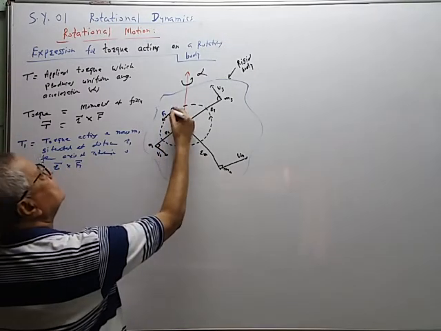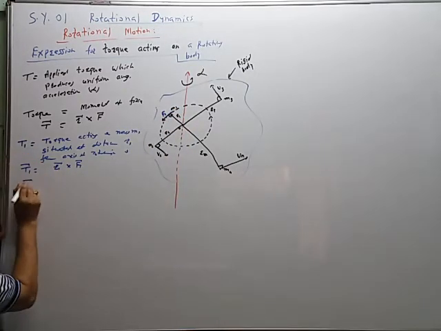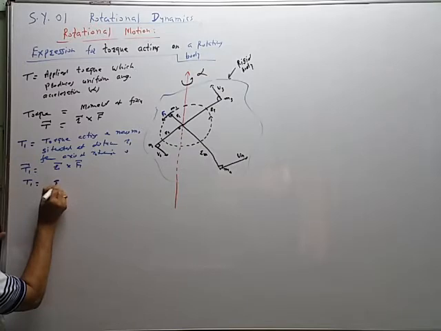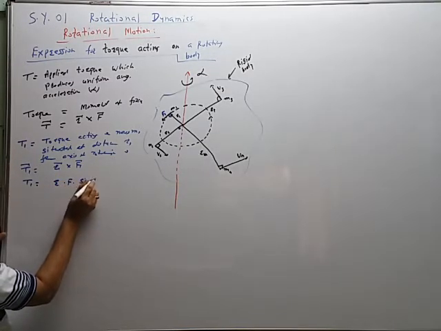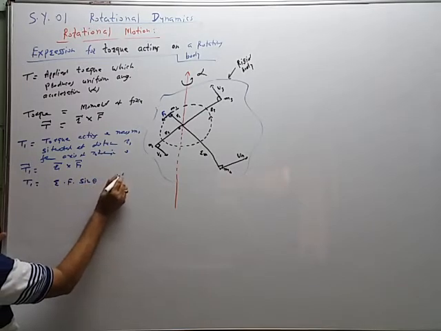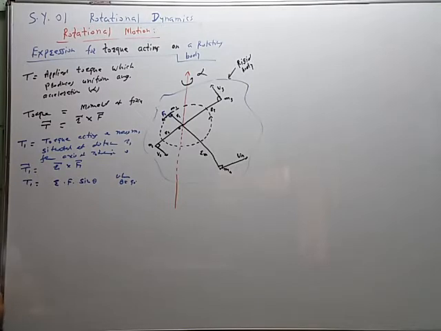So r1 is in this direction, this angle is 90 degree. So in magnitude, T1 is given by magnitude of the first vector into magnitude of the second vector into sine of theta, where theta is equal to 90 degree.